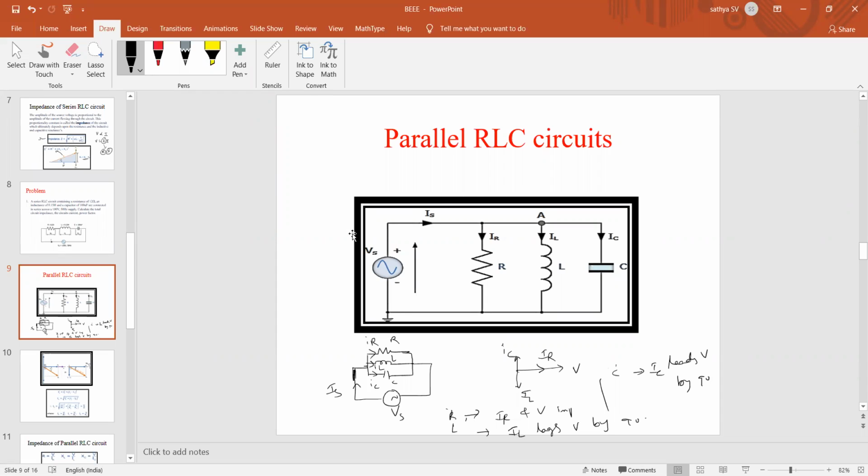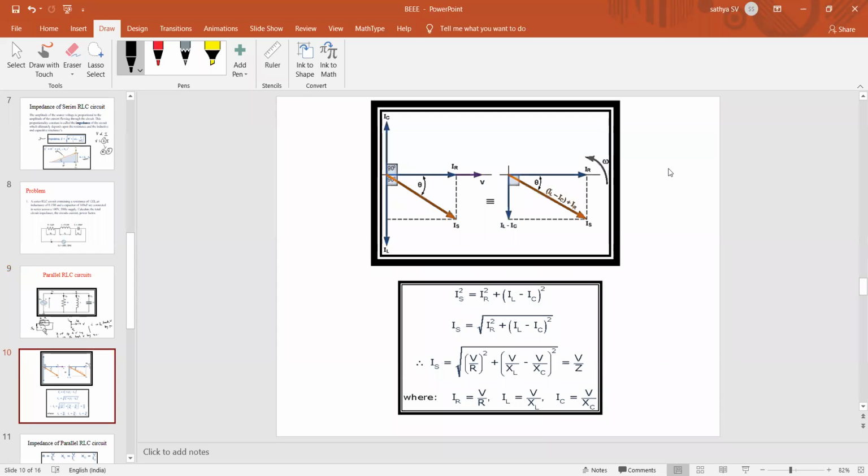We will verify whether this one is correct or not. We will move on to the next slide. Check here. For the resistor, I is in phase with respect to V, and IL, current lags voltage by 90, and IC, current leads the voltage by 90.